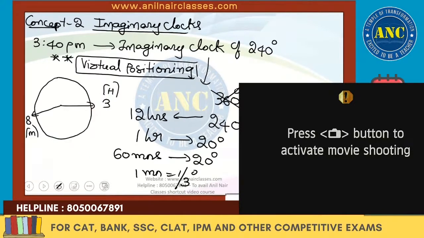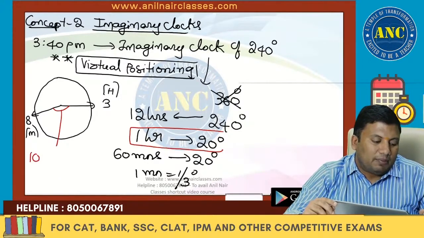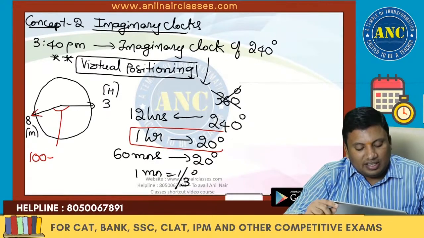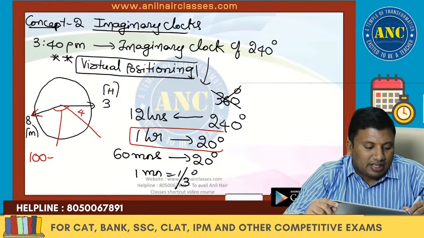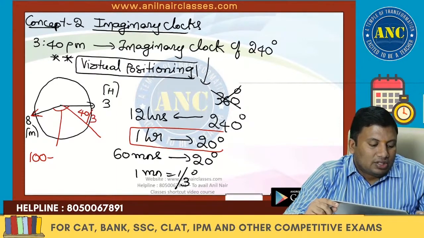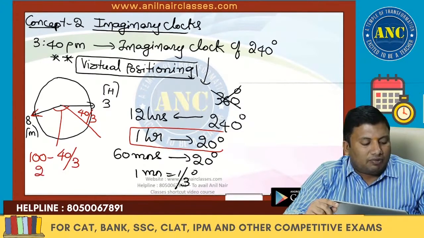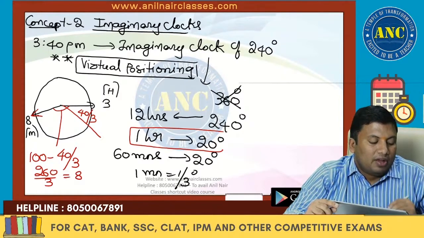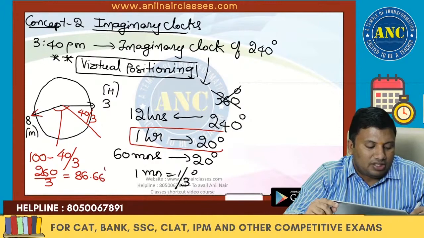Now see here, these 5 hours. 1 hour is 20 degrees, so 5 hours is 100 degrees. When the minute hand reaches 8, the hour hand will shift for 40 minutes. 1 minute is 1/3 degree, so only the value will change. 100 minus 40 by 3 is 260 by 3, which is 86.66.